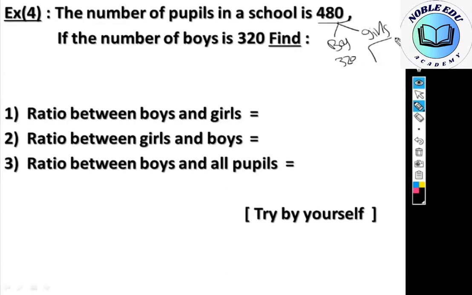Which number for girls? Subtract: 0 minus 0 equals 0, 8 minus 2 equals 6, and 4 minus 3 equals 1. So the number of girls here is 160.